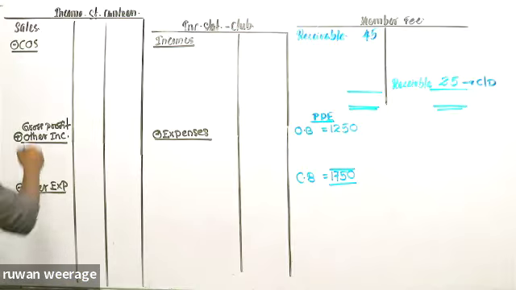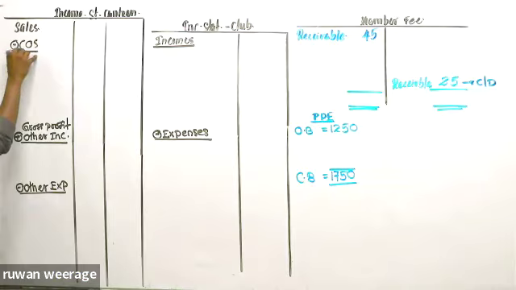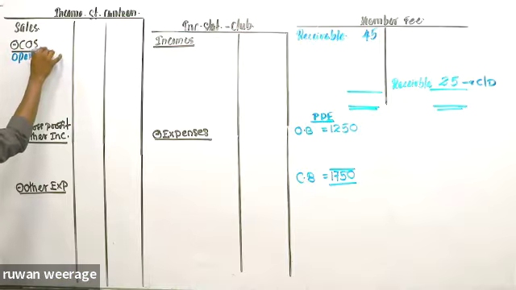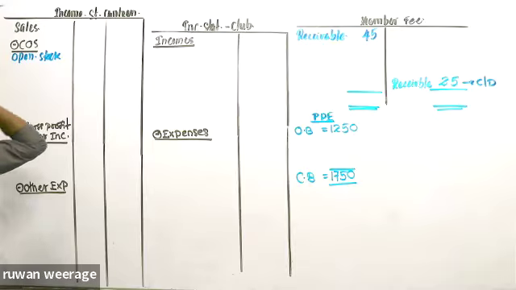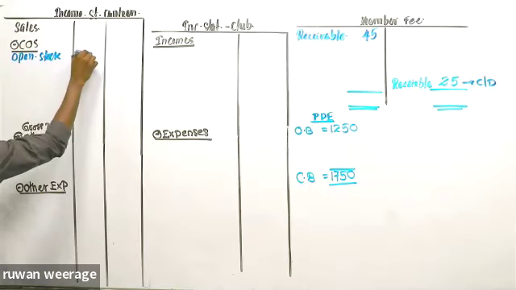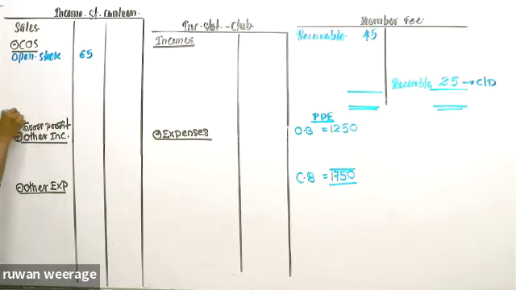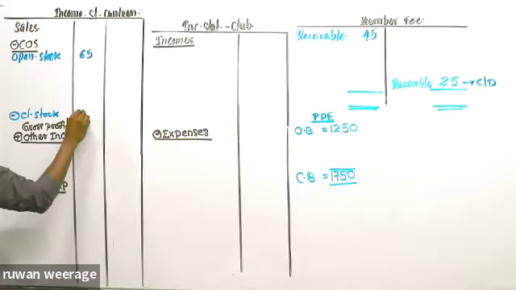Opening stock and closing stock go in cost of sales. Opening stock how much? 65,000. Closing stock deducted. Closing stock how much? 40,000.